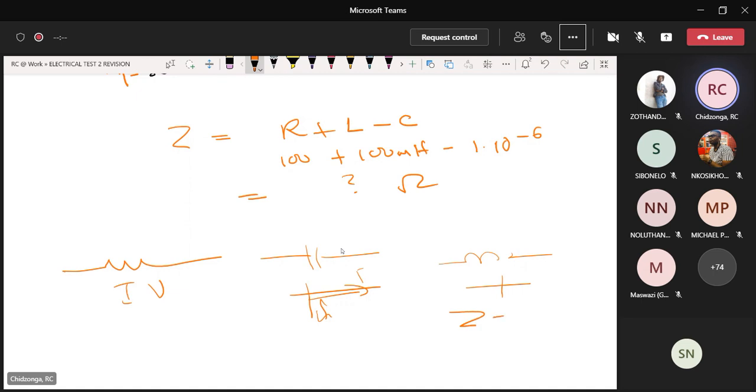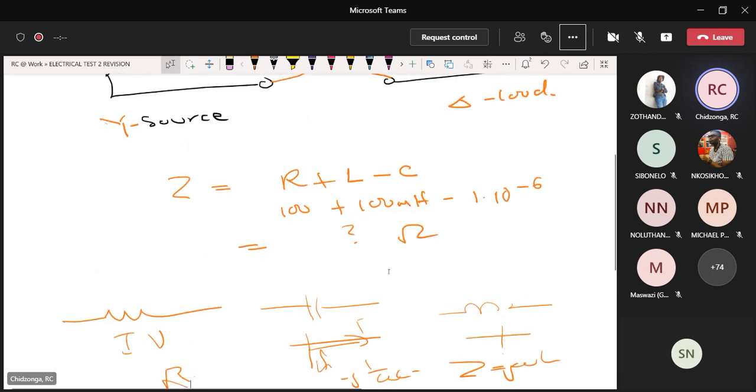The impedance is omega L, J. That one is this J, whatever, omega C, and this one stays R. And then you talk about the combination of parallel and series and whatnot. So these things are very, very basic. To come at the end of the course when you are being assessed and still show it like that is a very bad reflection of what I've tried to teach.